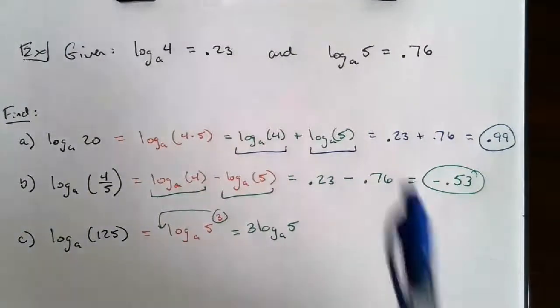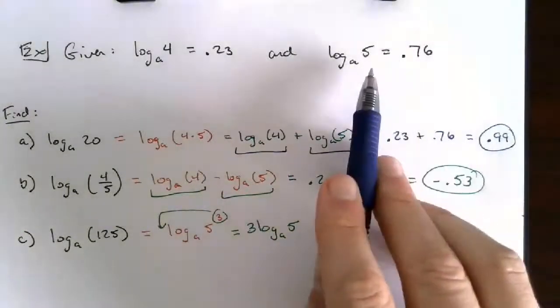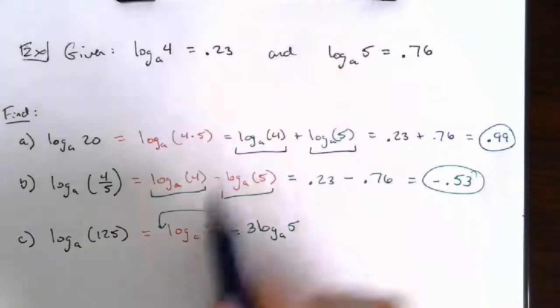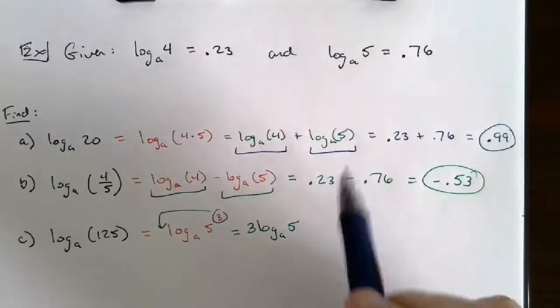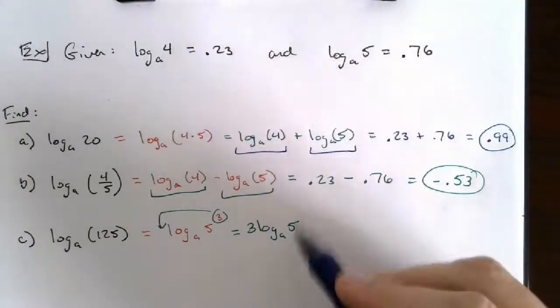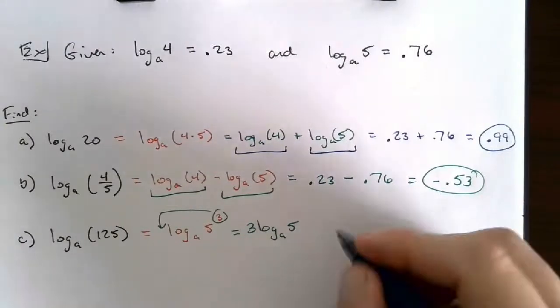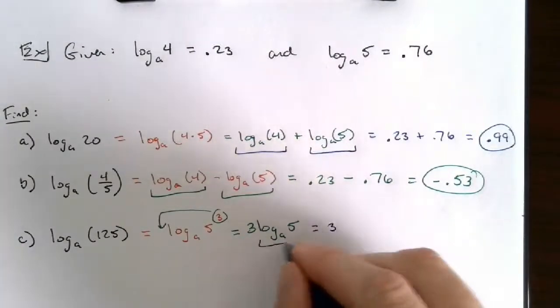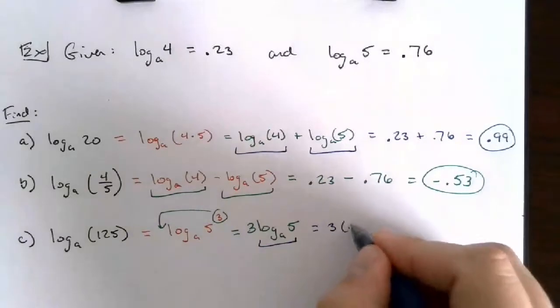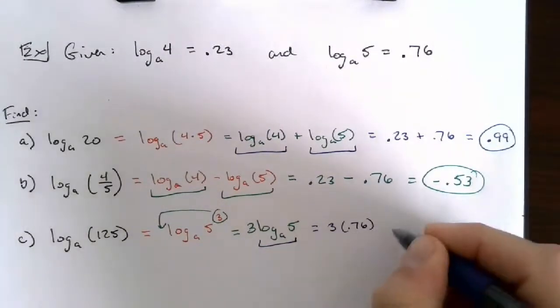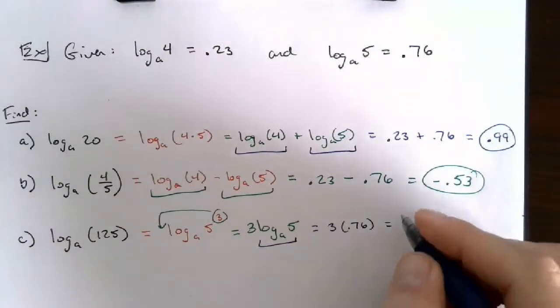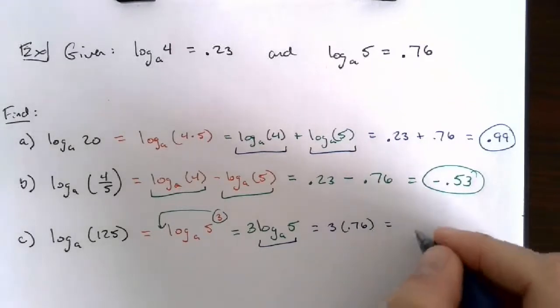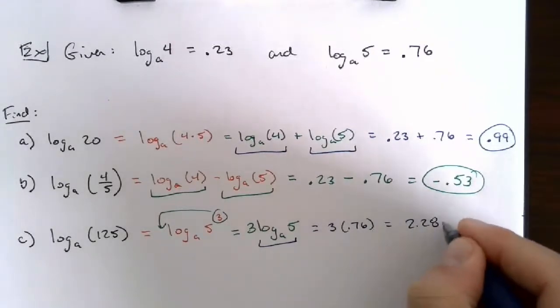Now that I've isolated this log base A of 5, you couldn't just sub the 0.76 in here and make it 0.76 to the third power because it's not log base A of 5 yet. Now it is. We have 3 times that, so this is equal to 3 times log base A of 5, which is 0.76. And then evaluating that, 3 times 0.76 gives us 2.28.